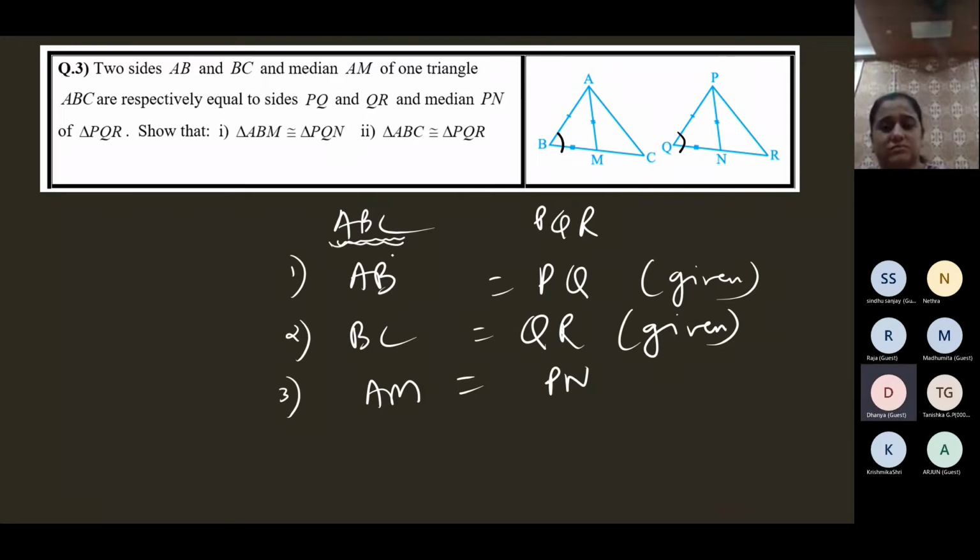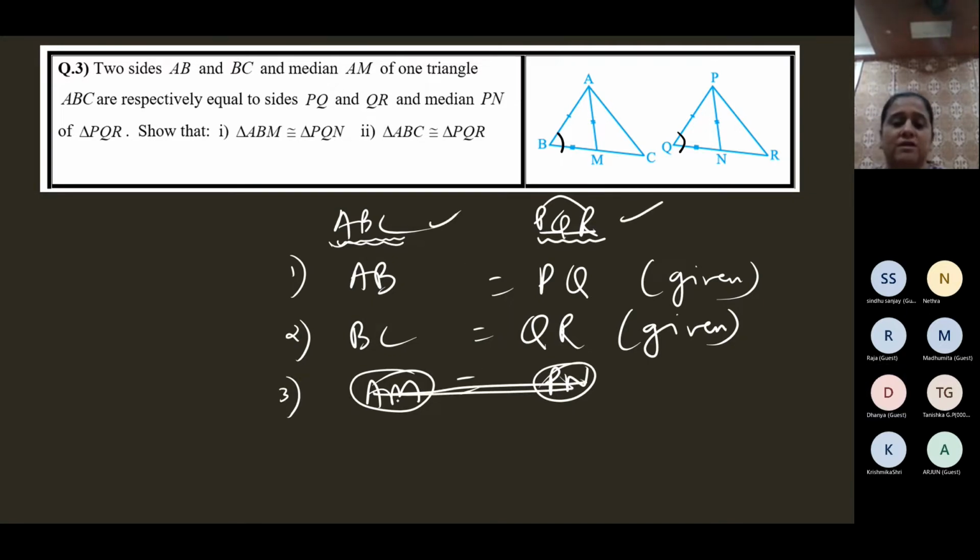AB, BC, and AC. So we don't get AM there. Tell me the sides of this triangle. PQ, QR, PR. Correct. So we don't get PN there. So this information is true, but it's not relevant to these two triangles. So we can't write this.